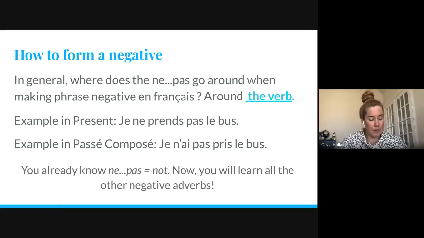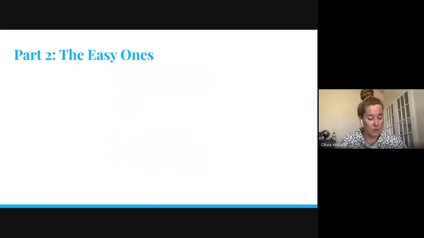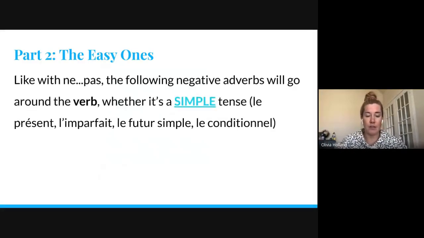So now you're going to learn the other ones, which are a little bit more complicated, but just as great to know in French. We're going to start with the easy ones. There's a few that I've classified as pretty easy because it's not hard to figure out how to form them for grammar purposes. Like with ne pas, the following negative adverbs are still going to go around the verb, whether it's a simple tense, okay?